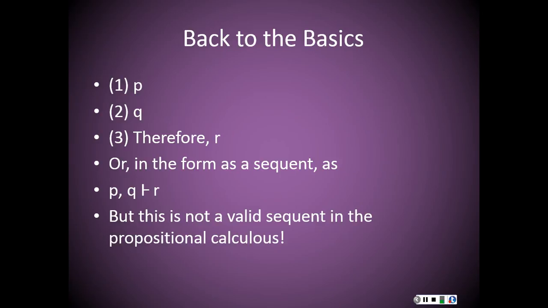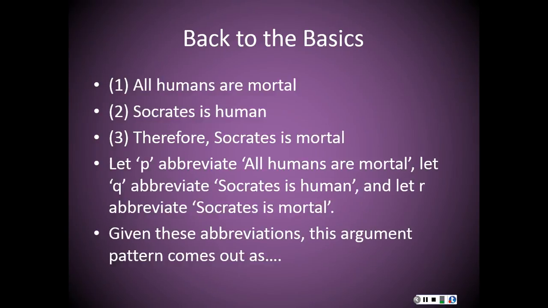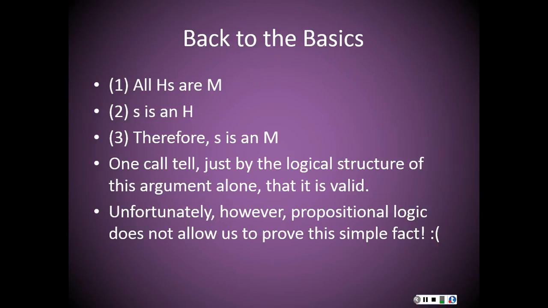One could not write down a proof of this sequent because it's not valid. One cannot tell just by examining the argument structure as it is represented here alone that this argument is valid, even though one could tell that by examining the argument structure as it was represented in the previous slide.